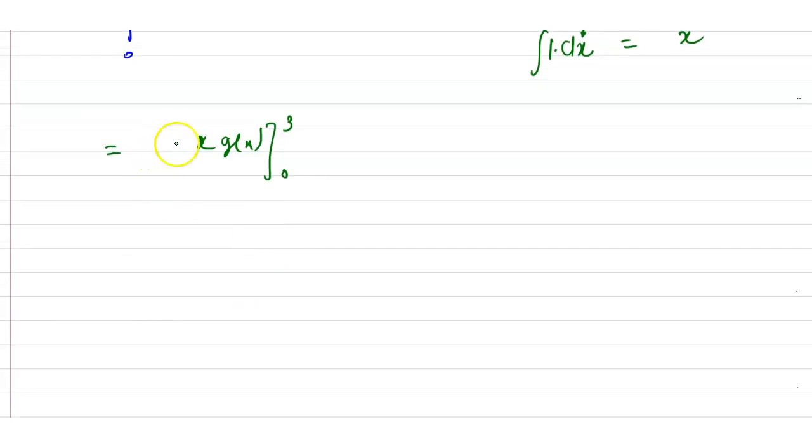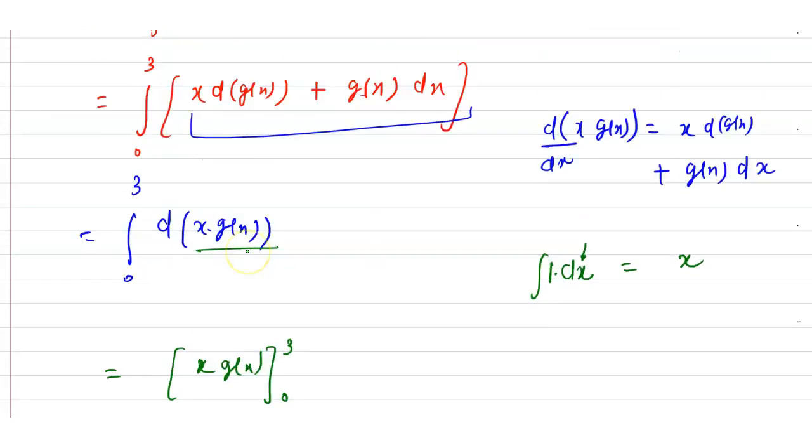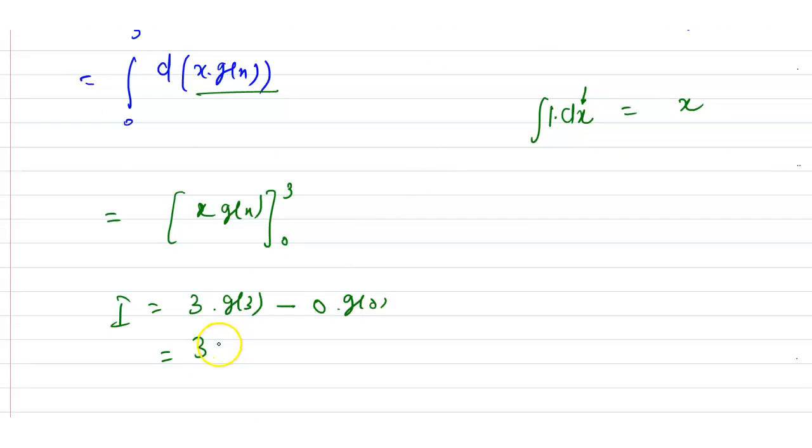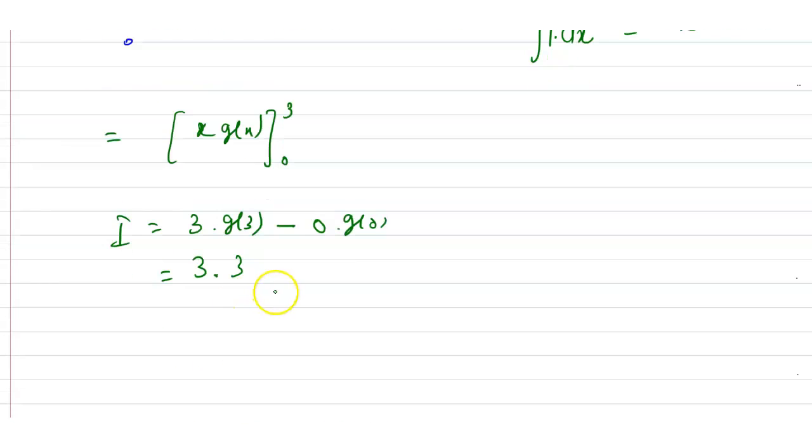Now I'm going to apply the limits, so I equals 3 times g(3) minus 0 times g(0). Zero times something is 0, and g(3) we already found is 3. So I equals 3 times 3 minus 0, and finally from here I is nothing but 9. So this is the final answer for this question.